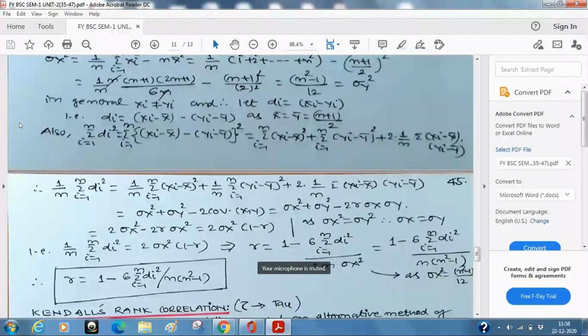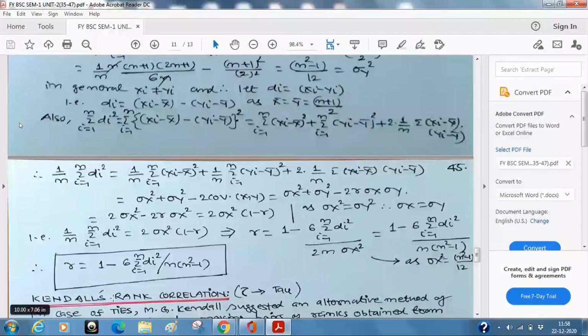So there are certain alternative methods also, which definitely we shall start tomorrow, but at least you can see one line on your screen where I have written Kendall's rank correlation. So you can understand all these are the names: Spearman, Pearsonian, Kendall, right? So just one line before I stop for today.